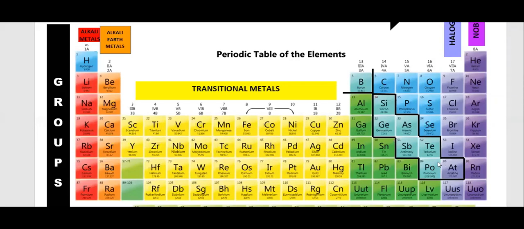Name me an element from group 17. Good. Fluorine. There we go. Bromine.